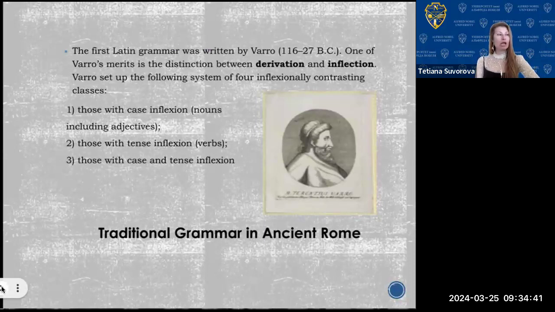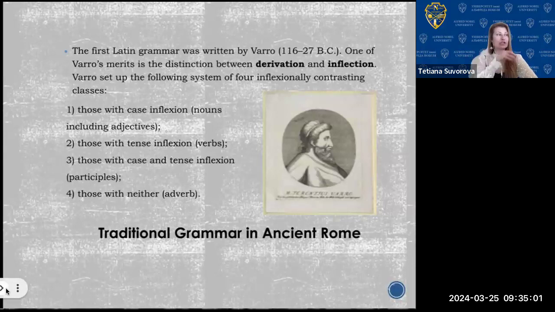So in his vision, we can speak about those words with case inflections. Then we speak about nouns and adjectives, because we speak not about the modern English language, which is analytical by form, but about those times, the times of the old ancient Latin language.